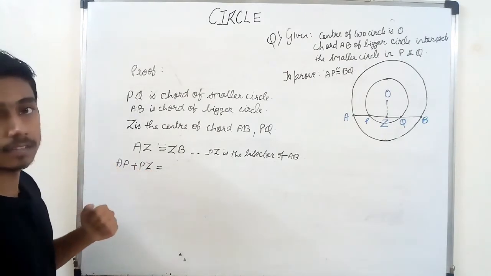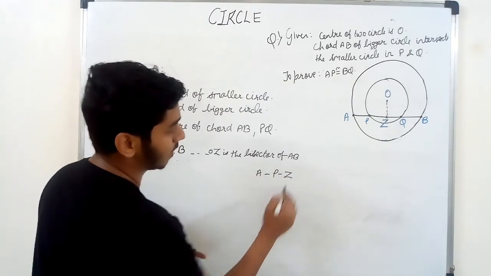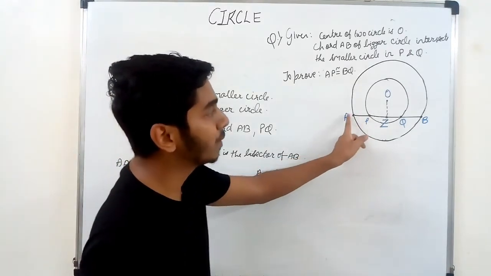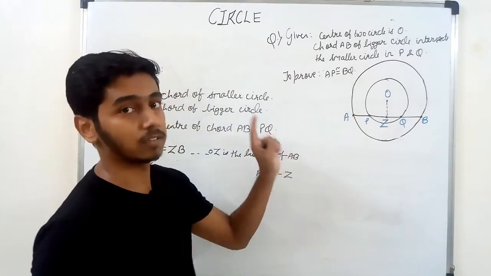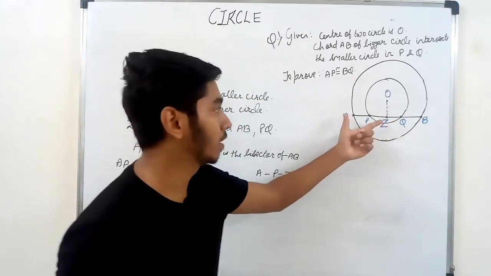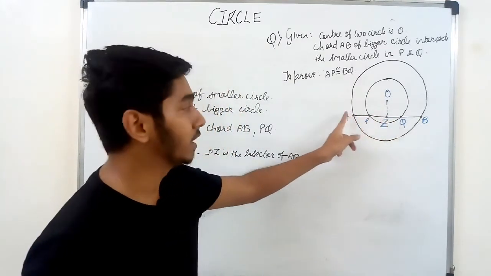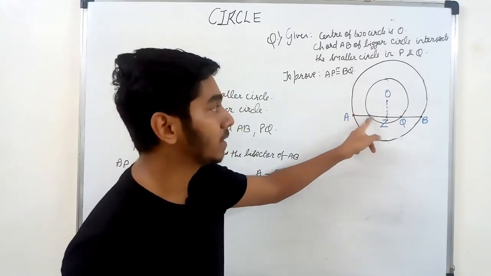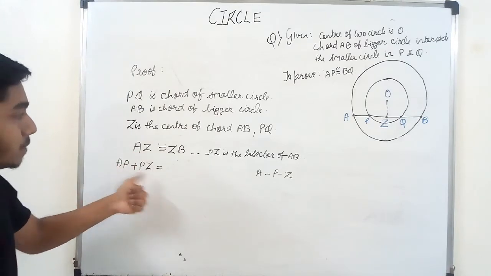Why can I write this? Because APZ, because P is in between A and Z. If you remember the very first chapter, basic concepts in geometry, we did this betweenness. If P is in between A and Z, then we can write AZ as AP plus PZ. So we are doing that. So AZ is AP plus PZ.